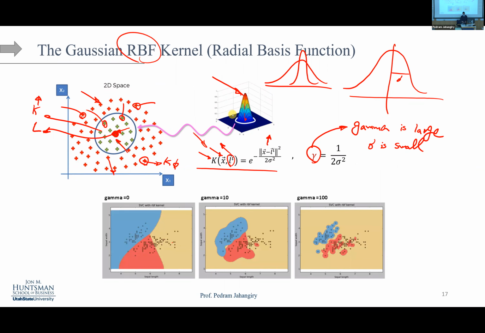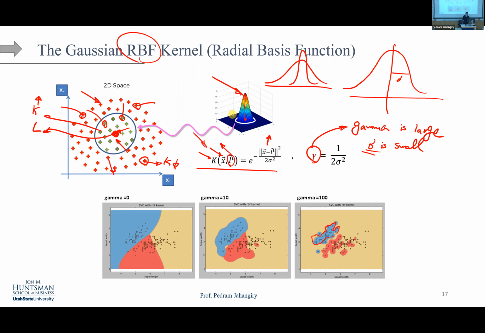Here, I think this picture puts it very perfectly. Imagine these are the classes, and gamma is 0 versus gamma is 100. As you can see, if gamma is large, it means that our sigma in RBF is small. You're reaching out to closer points compared to when gamma is small. Is this clear?